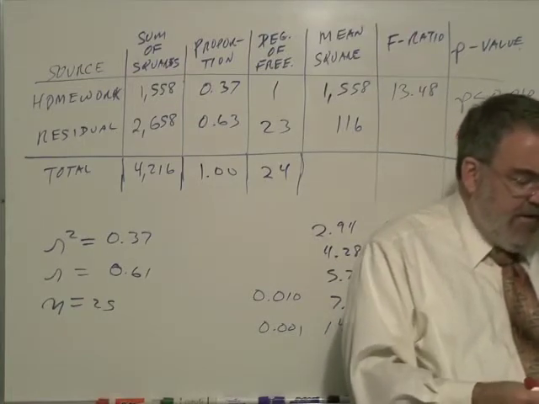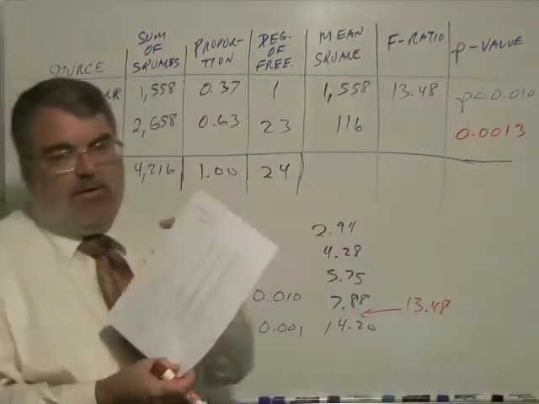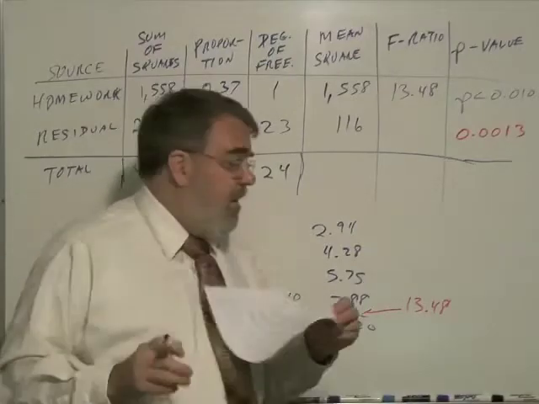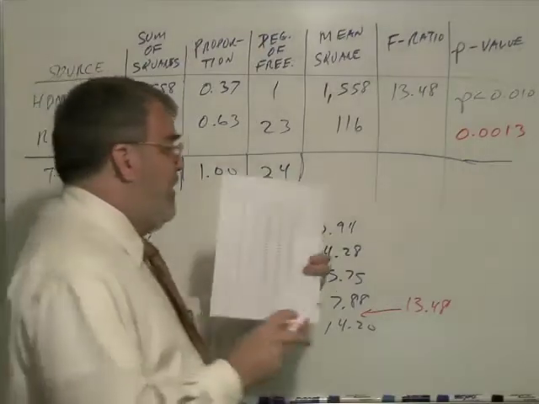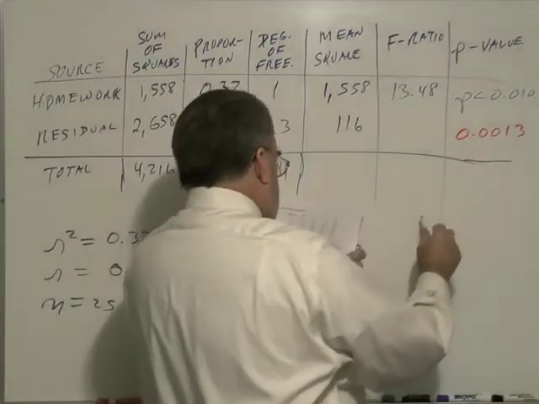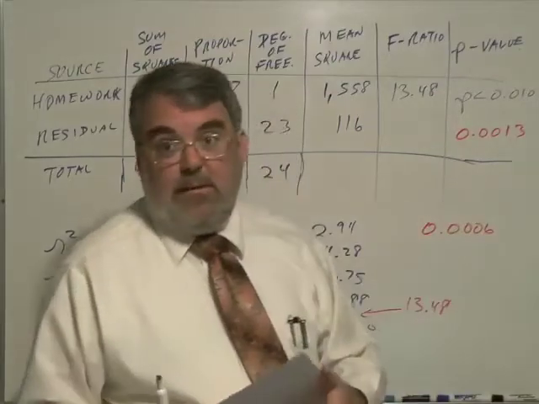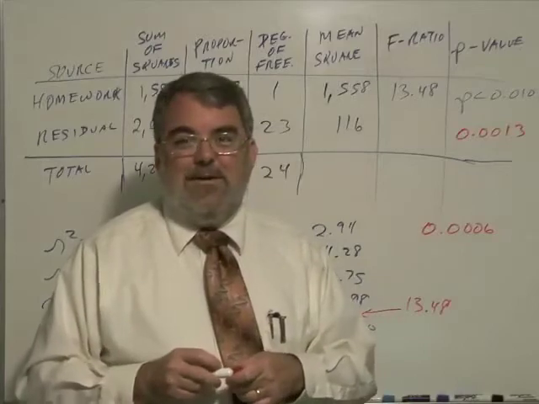If you have my first page handy of this handout, we calculated the p-value from Microsoft Excel, and when I did the first regression analysis on this, the p-value was not this number. It was 0.0006. I was wondering how to explain that, and now I know.